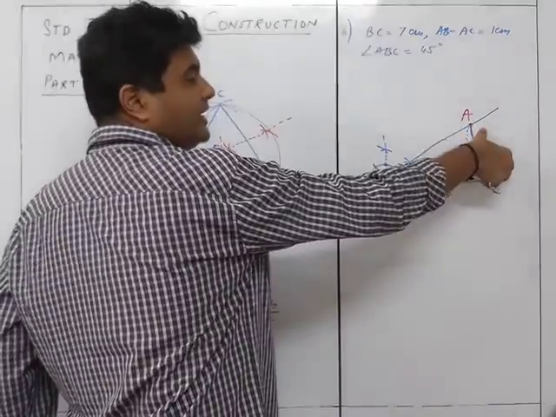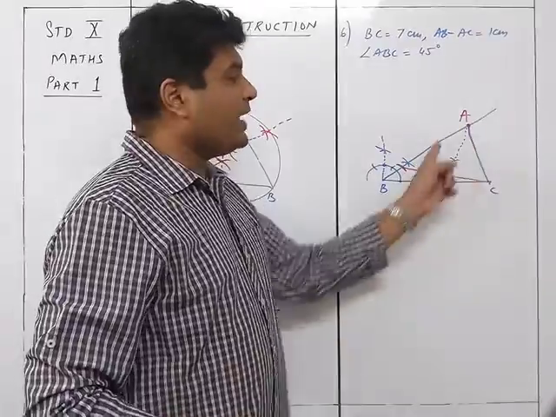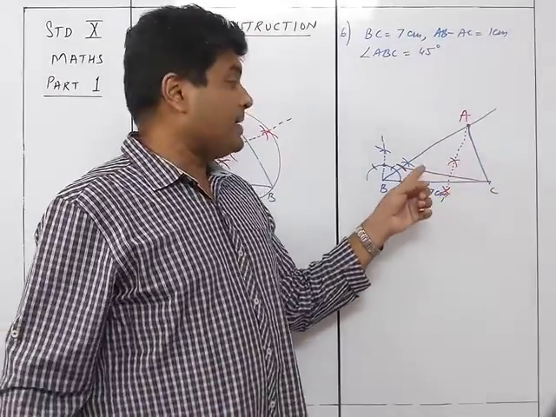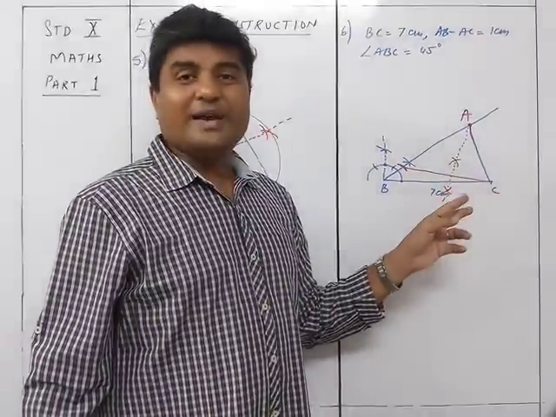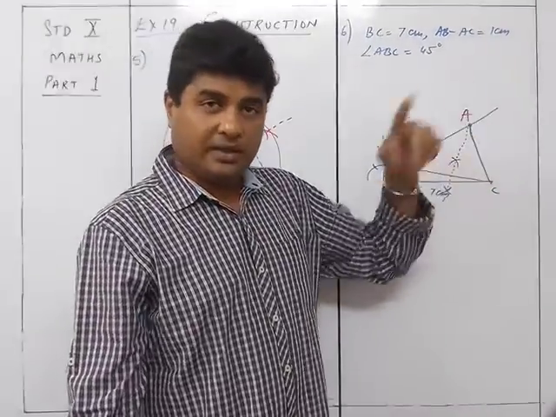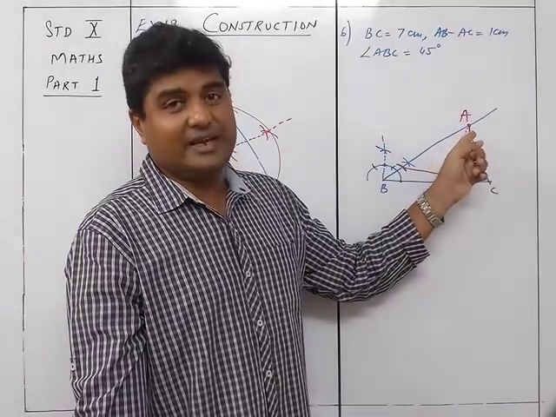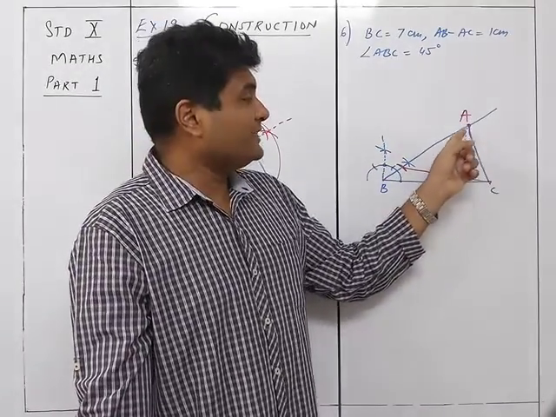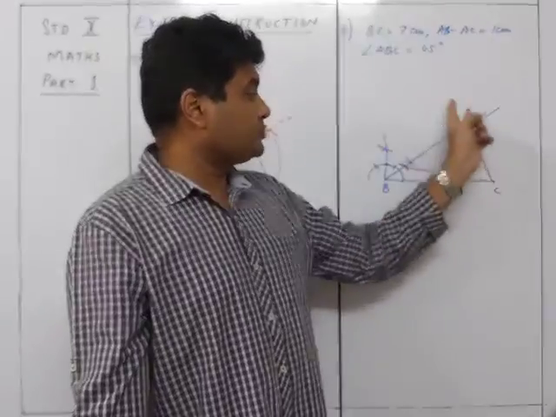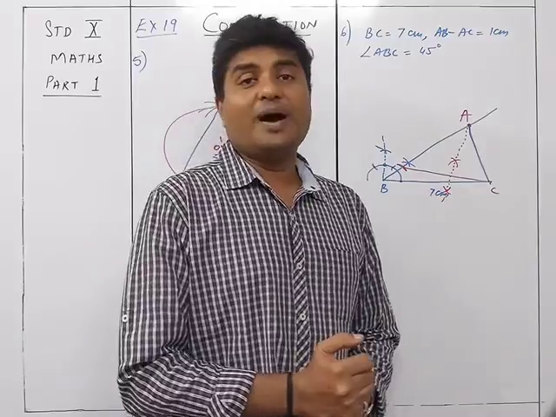So if AC and these are equal, that means the difference between AC and AB will be 1 centimeter. So how do I draw the isosceles triangle? By making the perpendicular bisector, because I know that the perpendicular bisector of the base will meet the vertex of the isosceles triangle. So that's why I get this point as A. Once I get this point as A, this becomes my required triangle ABC.